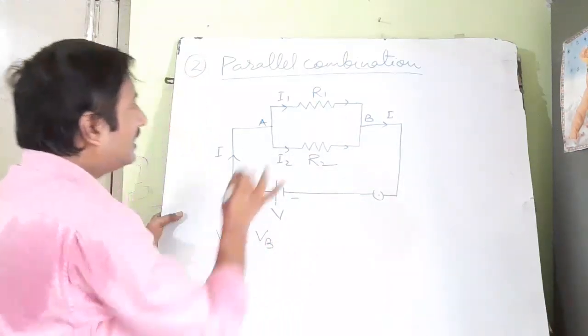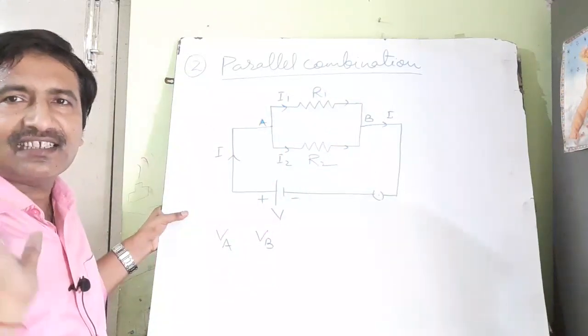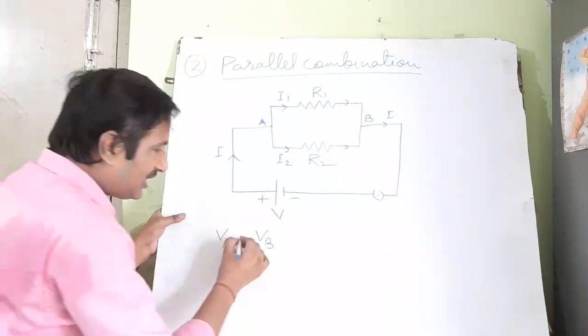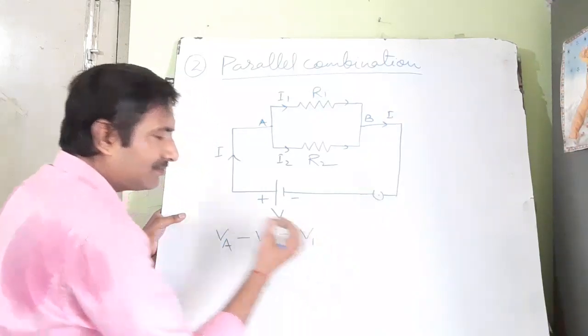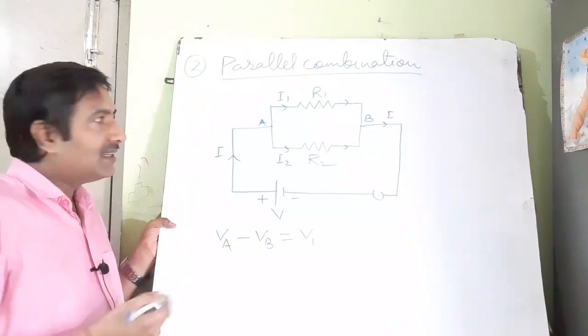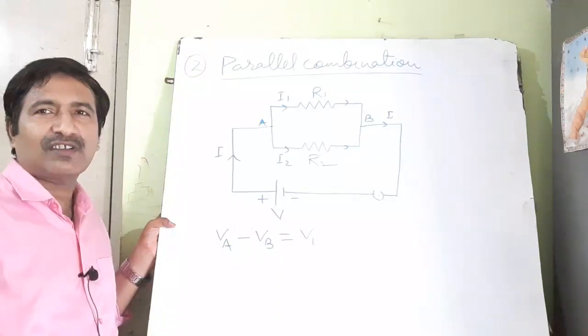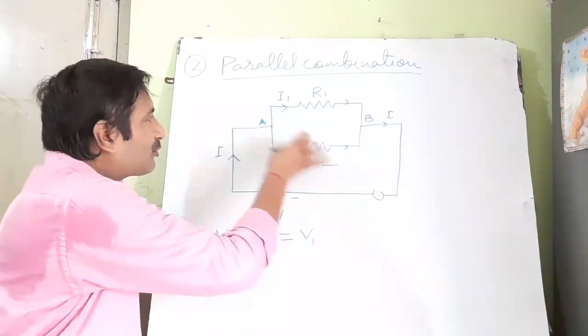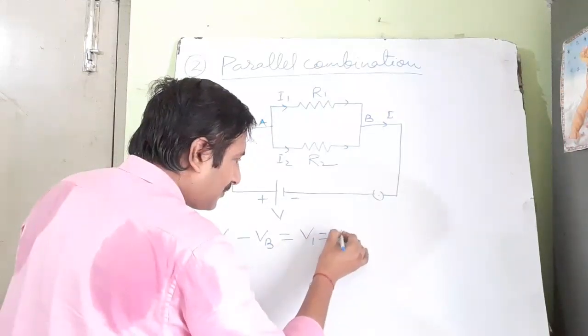And you know, current is flowing from A to B, means potential at A is greater than potential at B. So VA minus VB is equal to, suppose it is V1, potential difference across R1. VA minus VB is also V2, potential difference across R2, because R2 is also connected between A and B. So this is V2 also.